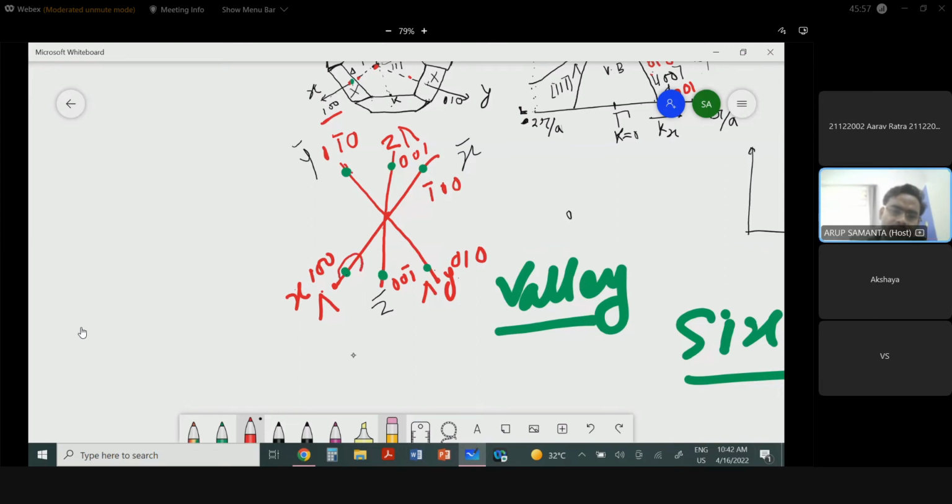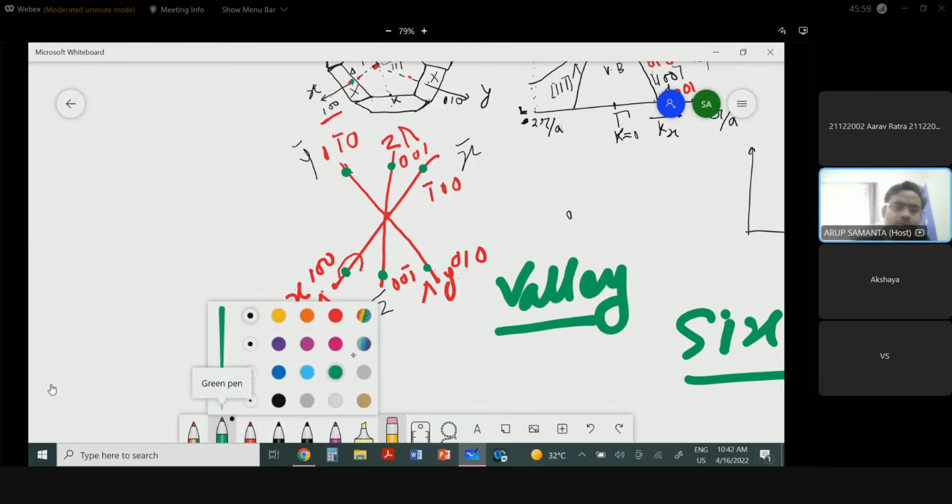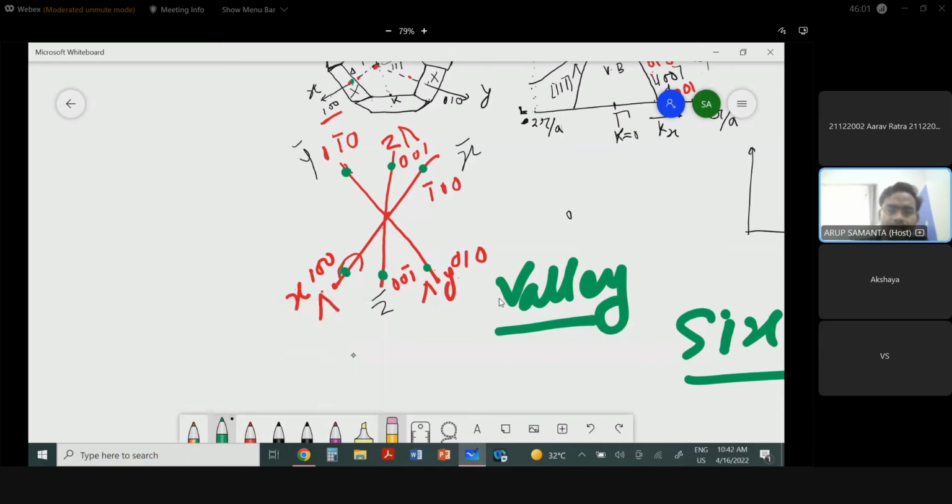If I draw this line, it should look something like a rugby ball. Exactly 0.84 is due to being exactly along the 100, 010 directions, along kx, ky, kz. But if you define it plus or minus 0.84, all of the rugby ball surface is called the equi-energy surface.